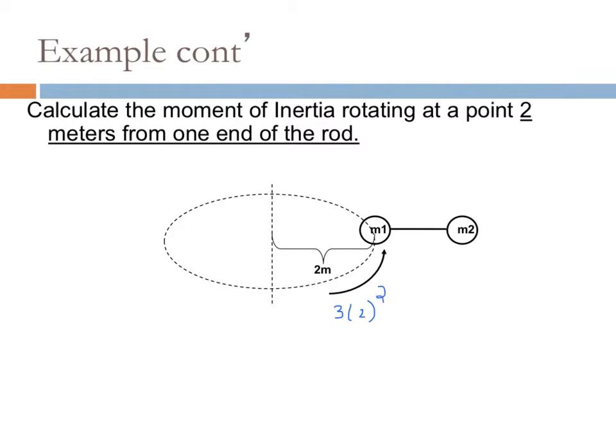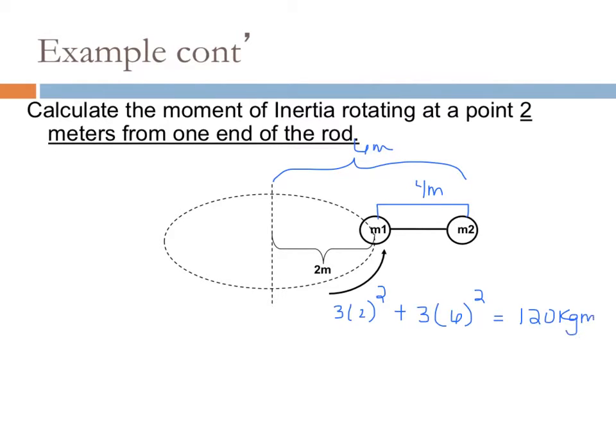Remember to square that R. And we're going to add it to my mass 2, which is 3 kilograms, and it's now 6 meters away from my axis of rotation. So for this one, we should get a value of 120 kilograms meters squared.